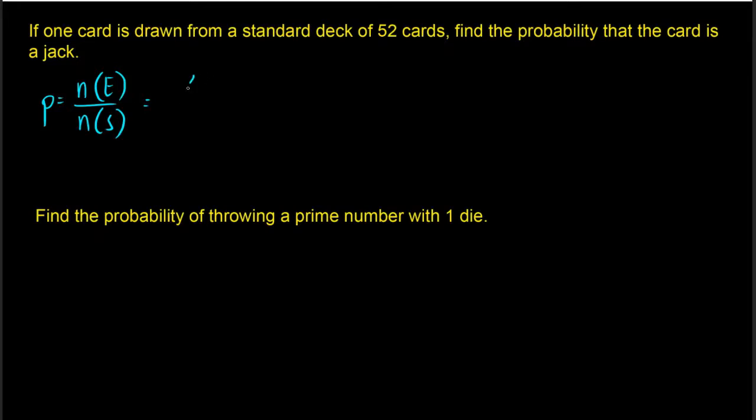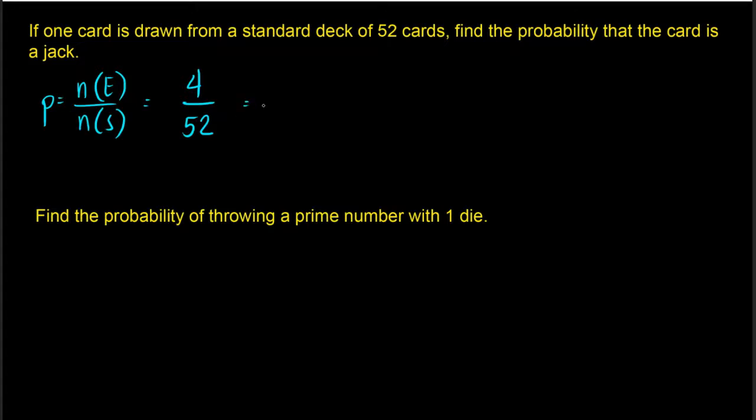There are 4 jacks. That is what you want to get. All over n of S, the number of possible outcomes. The possible outcomes in this case are any of the cards in the deck that you can get, so that is 52 cards.